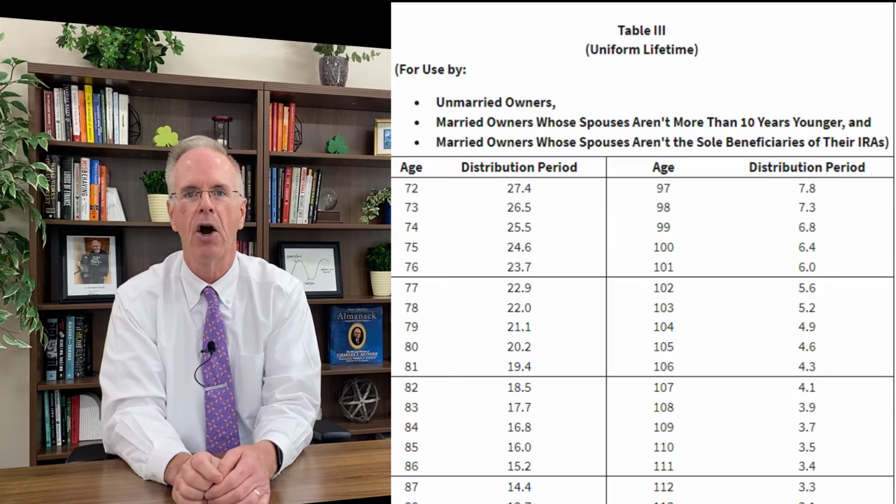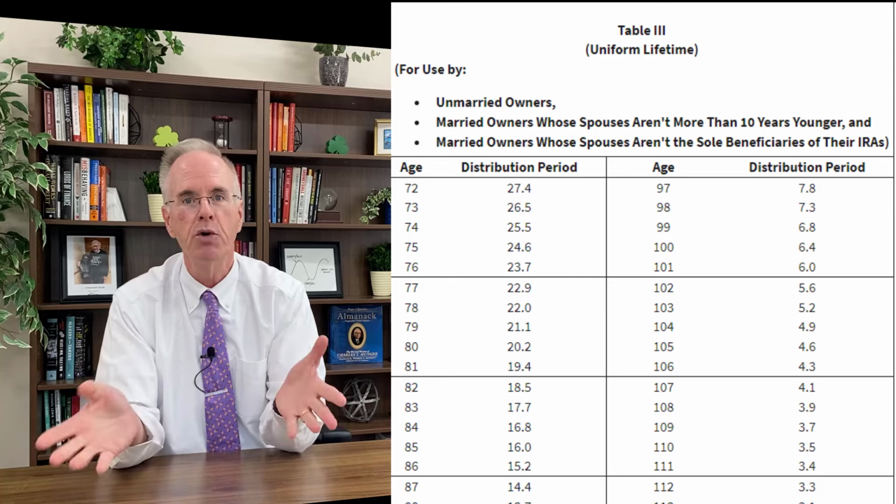How is that calculated? That seems to be the big mystery that we're going to try and solve in this video. So it's based on a table that the IRS puts together. It's published every year. There are three different tables that are used to calculate RMDs.